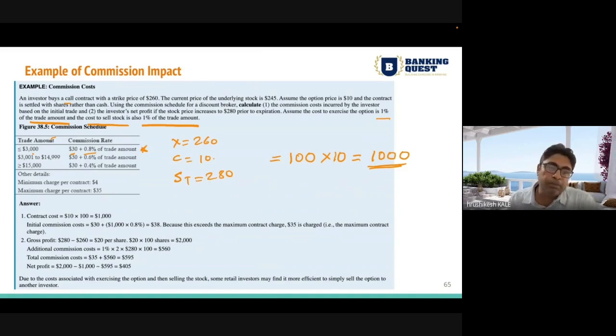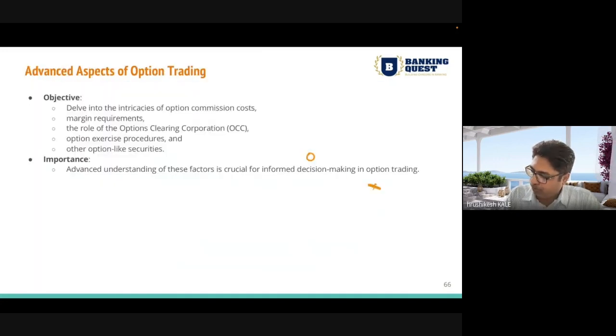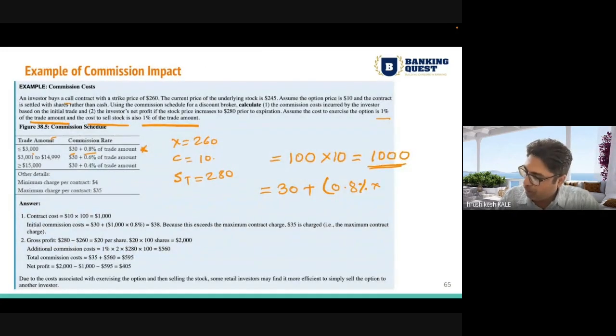So let us come up with the commission cost. How much commission am I supposed to pay? $30 will always be there, plus 0.8% of trade amount, that is 0.8% into 1000. So your commission cost comes out to be 38.